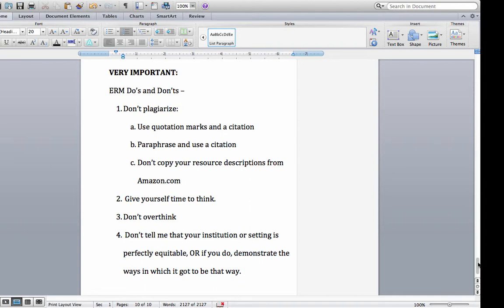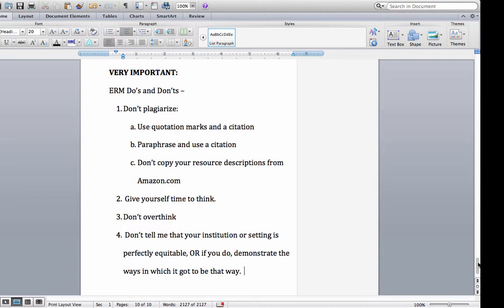If you are somehow associated with some sort of heavenly body or institution that is perfectly equitable, then one way you could write your equity resource manual is to dig into the underlying reasons and procedures that ended up causing that institution to be so equitable.